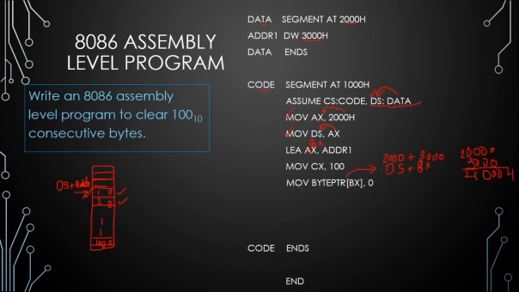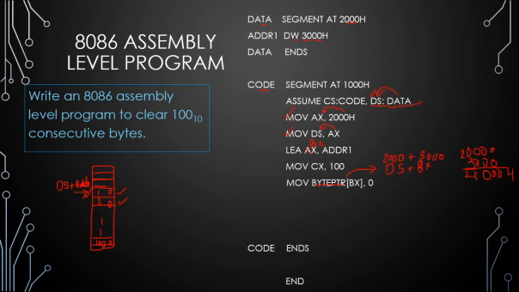Only the first byte has to be taken. So the byte pointer BX means the first byte pointed by BX, DS plus BX, will be made as 0. A 0 is moved to the location given by DS plus BX. Okay.